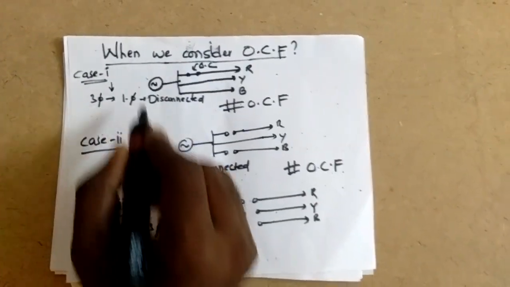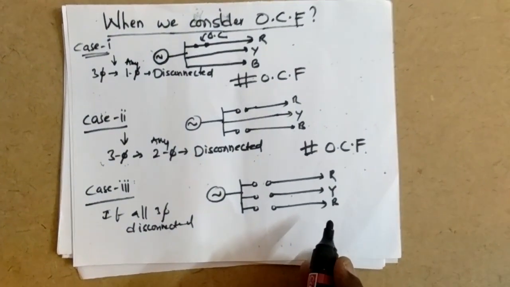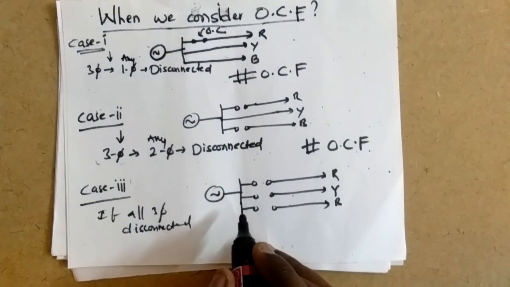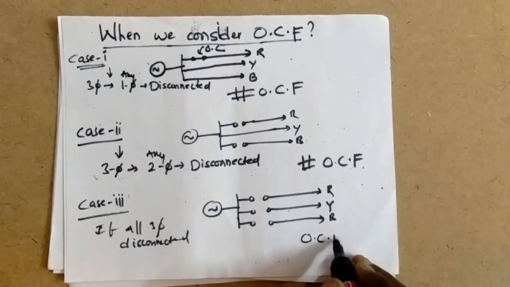If all the three phases get disconnected, then you cannot consider this to be an open circuit fault.